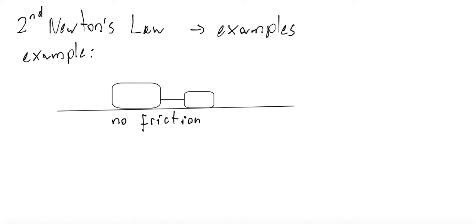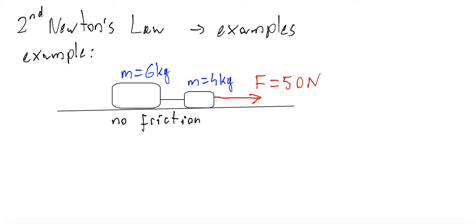The system of these two objects experiences a force, like my hand pulling these two objects with a force of, let's say, 50 newtons. We know the masses: the bigger has a mass of 6 kilograms and the smaller has a mass of 4 kilograms. The question is, what is the tension of this string?